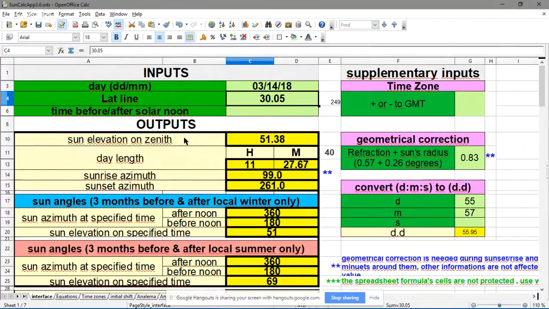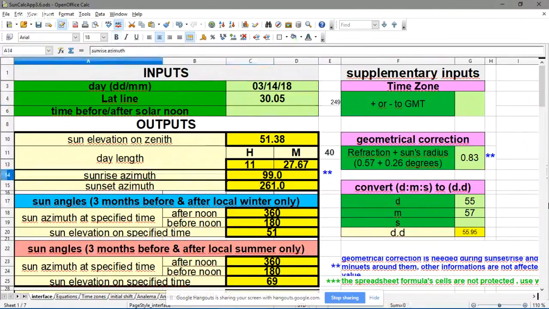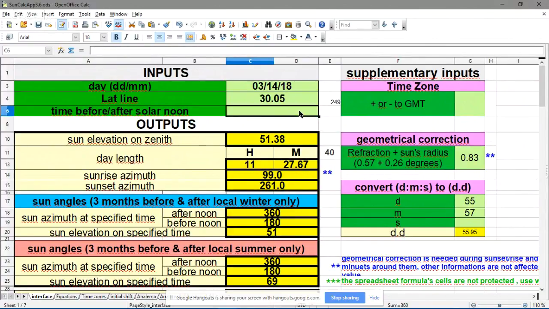If you look at time, I can get the length of day, the sunrise azimuth and sunset, and also the sun angles, elevation and azimuth, at any specific time. And when I say at any specific time, that's in relation to the solar noon, which I cannot figure out. I think that if I made the analemma calculations, I can put here not just two.